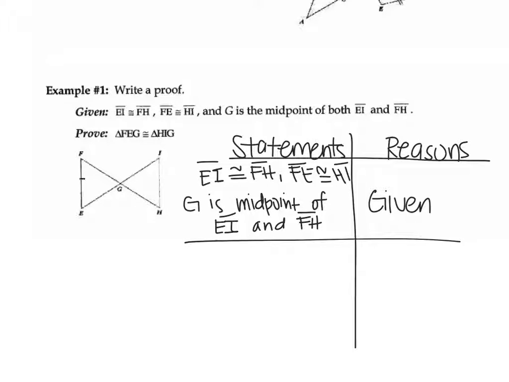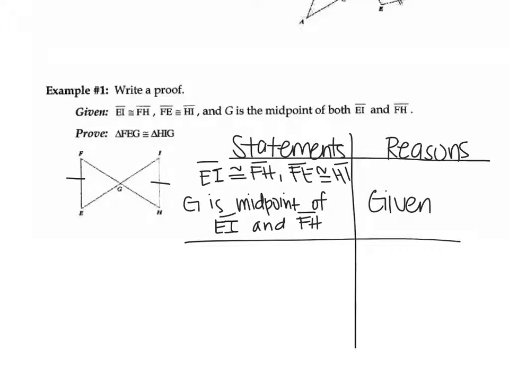So I know FE and HI are congruent. I know the entire segments FH and EI are congruent, but considering those go across both triangles, I'm not going to label the entire segment. But what is helpful is the fact that G is the midpoint of EI and FH.